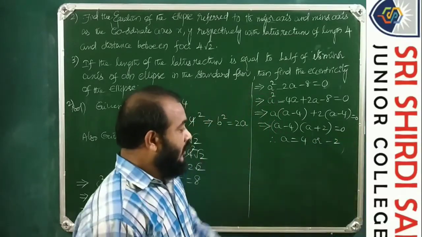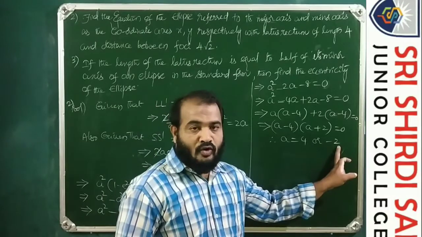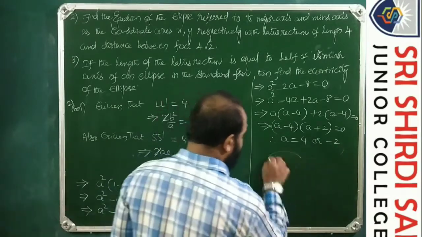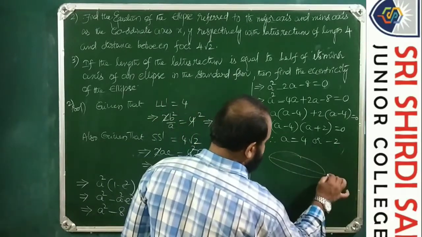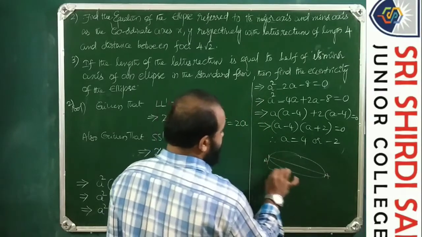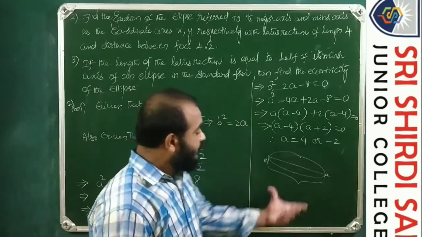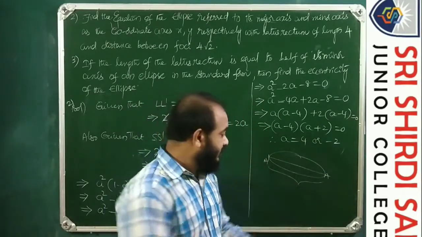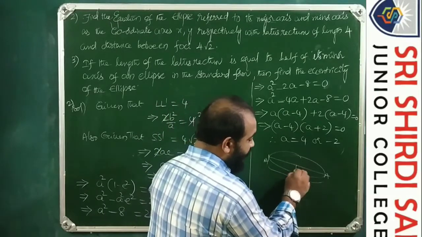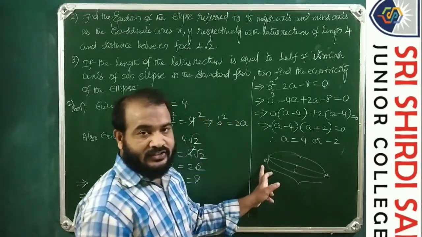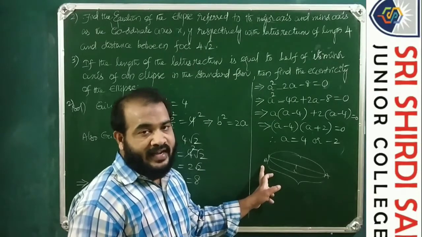But a cannot be equal to minus 2 because a is what? A dash is 2a, the length of the major axis, and a is from C to A or C to A dash, the semi-major axis.